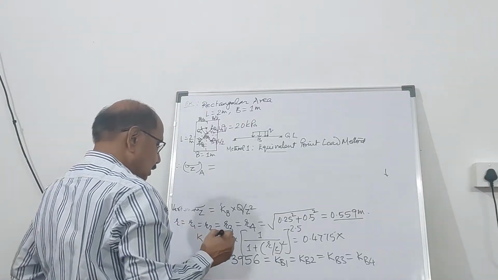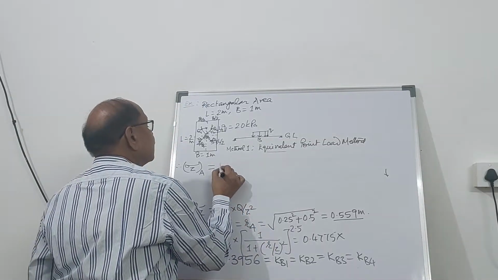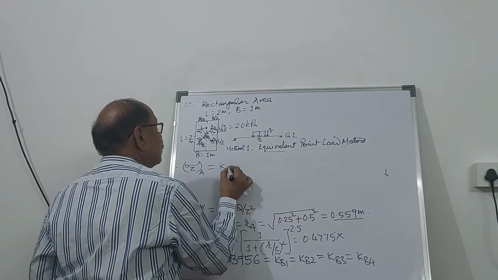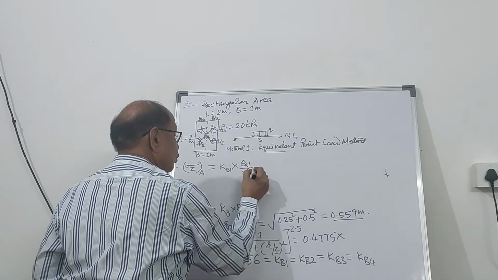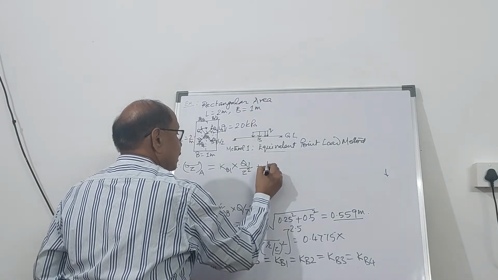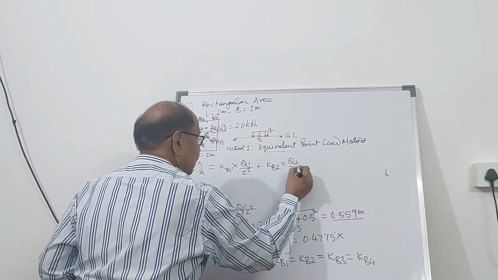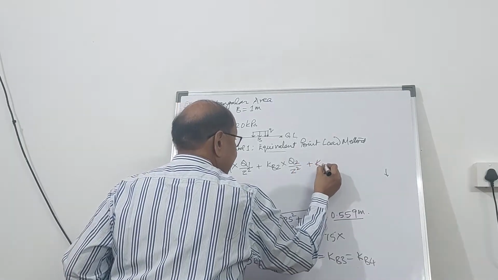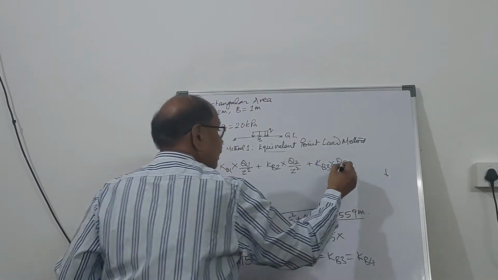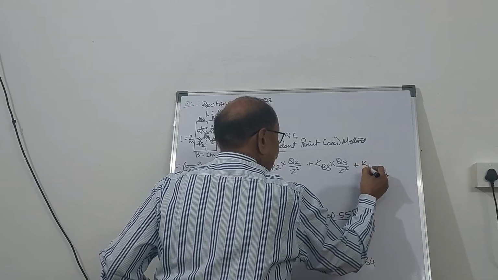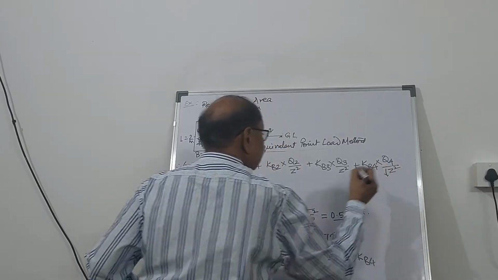It will be equal to kb, which will be common: kb1 into q1 by z square plus kb2 into q2 by z square plus kb3 into q3 by z square plus kb4 into q4 by z square.